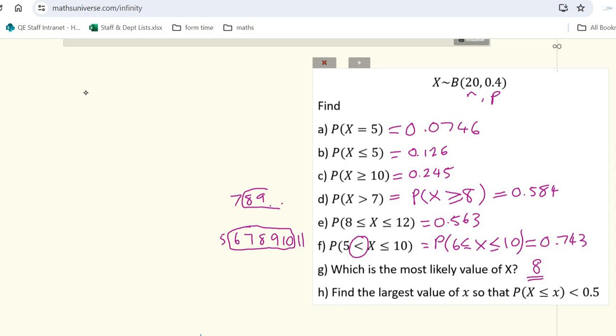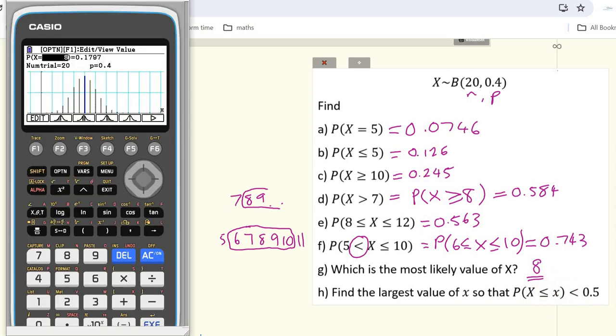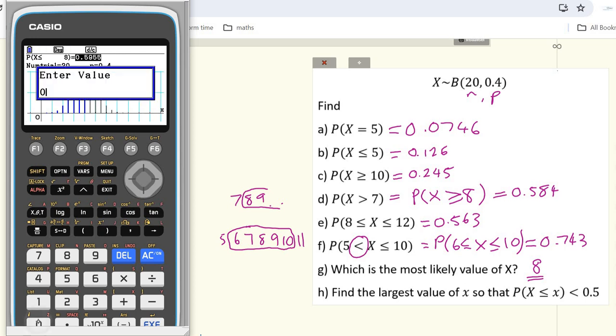Okay, and then this is slightly different. Find the largest value of X so that the probability of getting less than or equal to that number is less than a half. We need to change to the less than or equal to, and then we can see that less than or equal to 8 is more than a half. We could just guess, or what we do is change the probability to be 0.5.